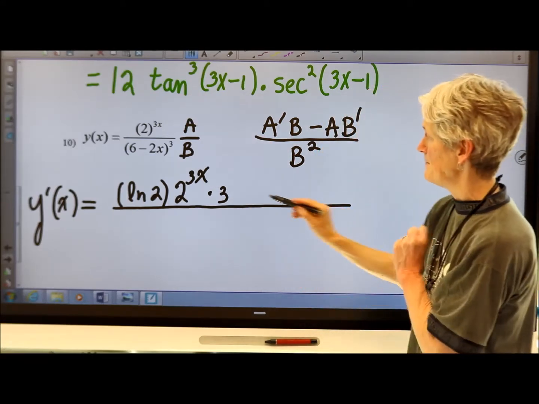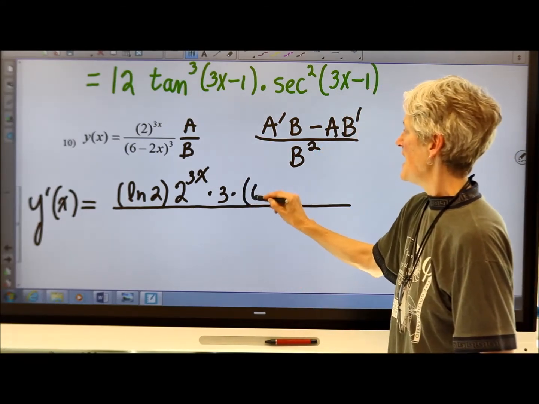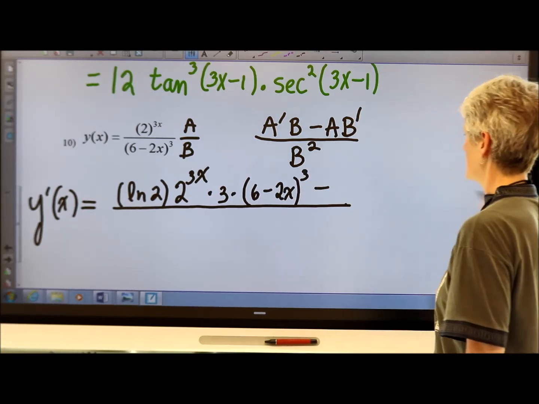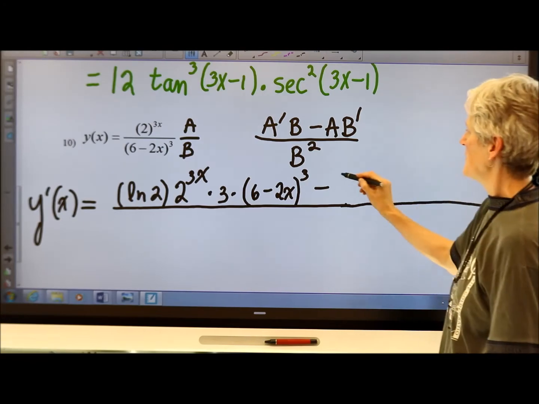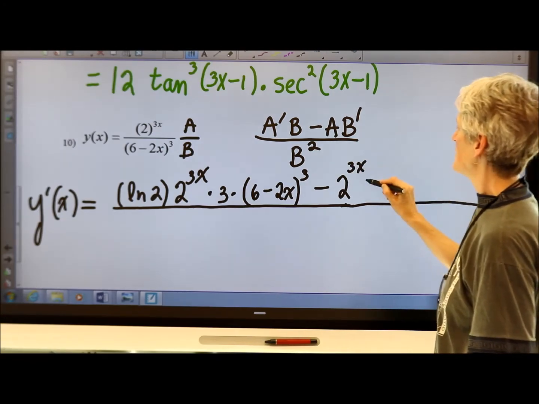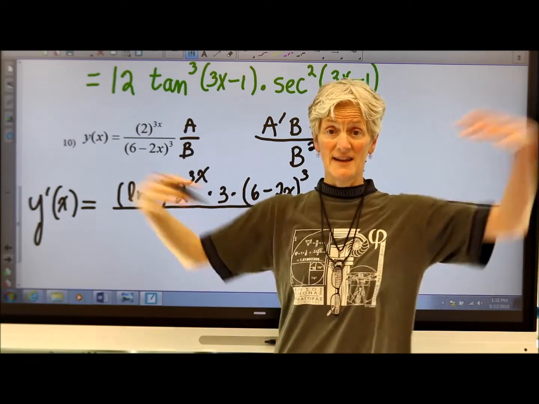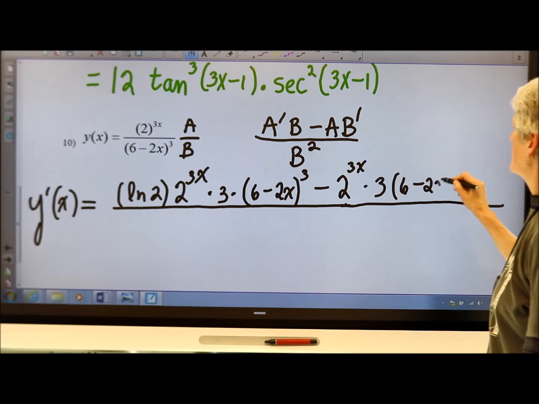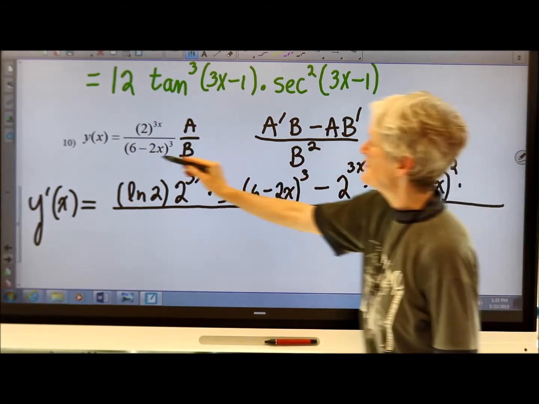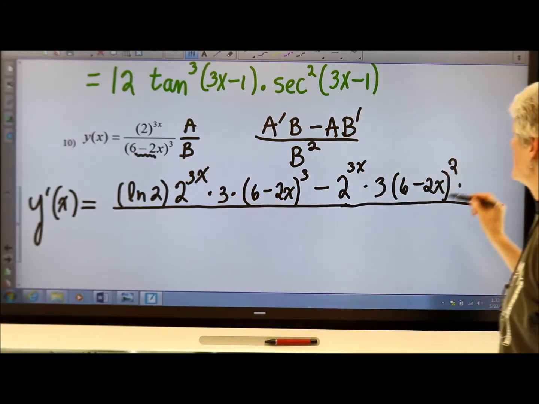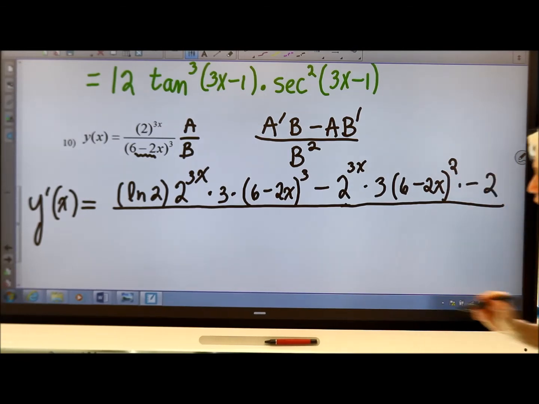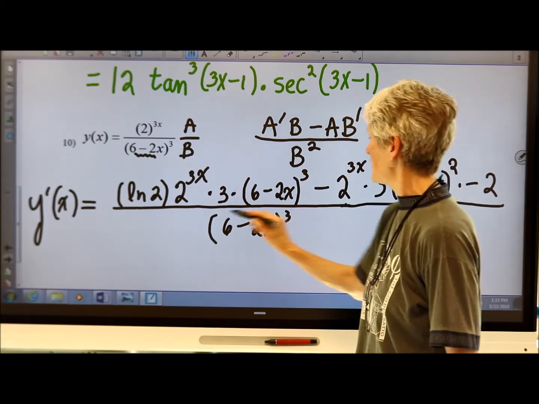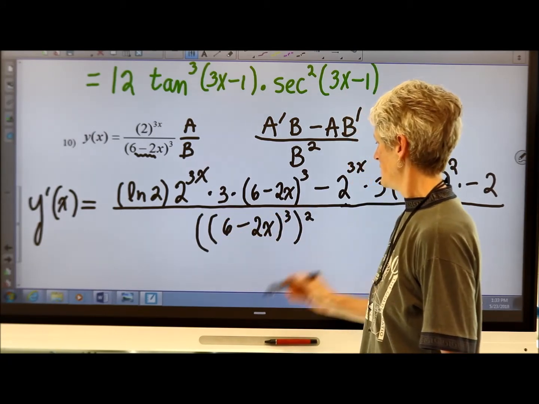There's my a prime times b, the bottom as it is, minus the top as it is, times the derivative of the bottom. Ooh, I've got an inside and an outside. Chain rule. 3 times 6 minus 2x squared times the derivative of the inside of that, which is going to be a negative 2, all over my denominator squared.